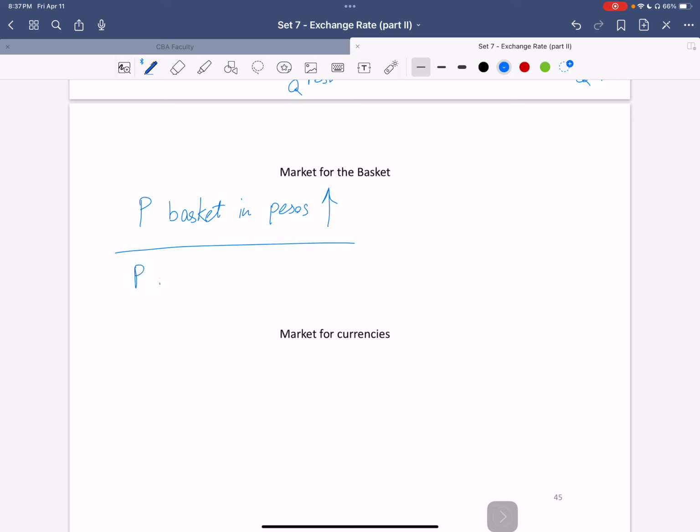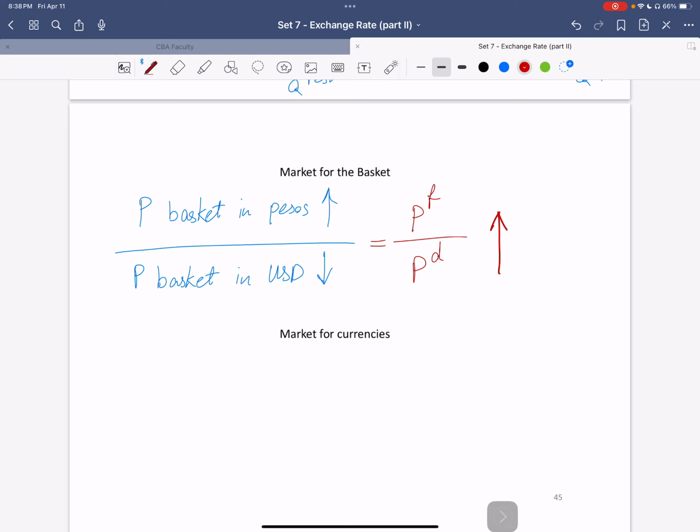The price of basket in US dollar decreased. Comparing these two together, this ratio means that price in the foreign country to price in the domestic country is increasing, right?